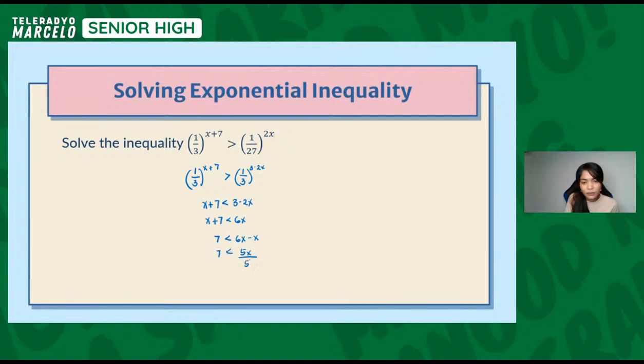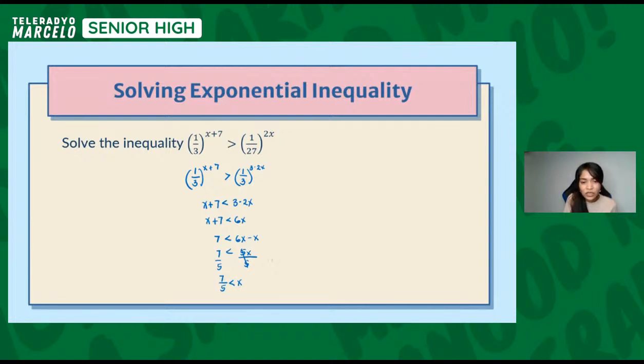So this one is equal to 5x, which is greater than 7. And then we divide both sides by 5. Therefore, the value of x is all values that are greater than 7 over 5. So ulitin natin. To solve for this inequality, we are looking for values of x that are greater than 7 over 5.